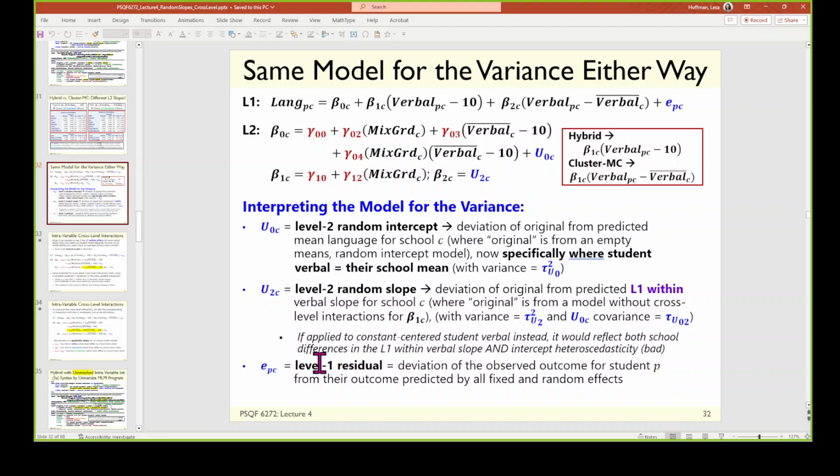And E is differences that are left over between students after controlling for everything. But at this point, that's acceptable though, because we've controlled for everything? Yep, after all the fixed and random effects, everything goes in here. E is all the reasons why some kids still have better outcomes than other kids, besides all this stuff.